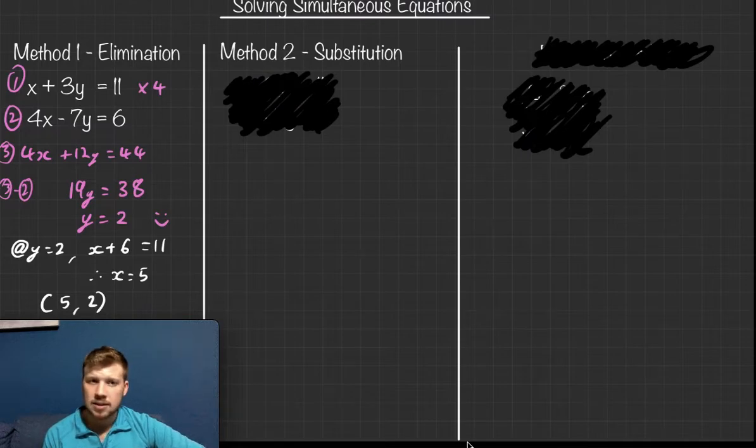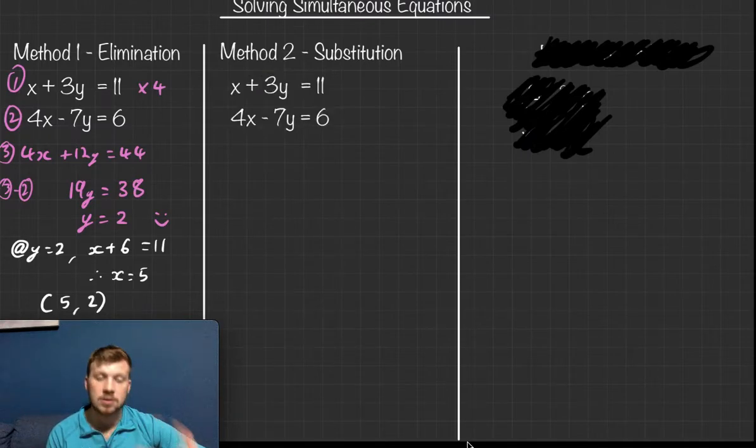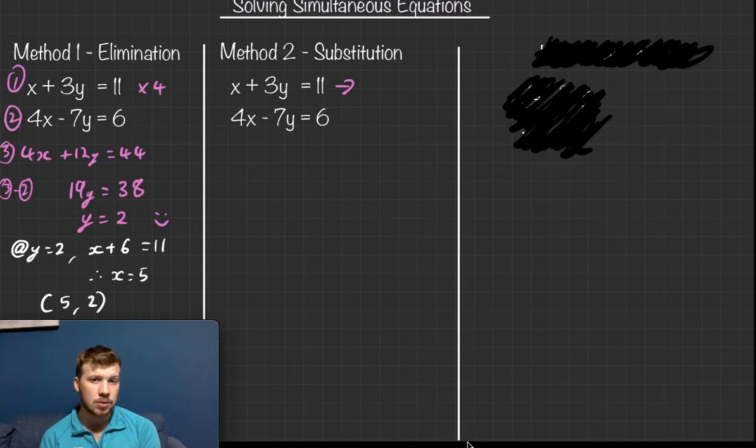To keep it easier for us to grasp, I'm going to use the same equations: x plus 3y equals 11, and 4x minus 7y is equal to 6. Using the top equation, I want to rearrange this so that I've just got x is equal to something, and then I'm going to do a substitution.